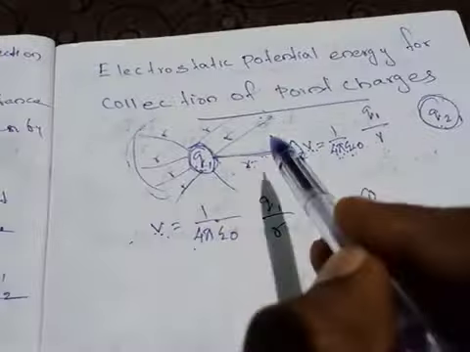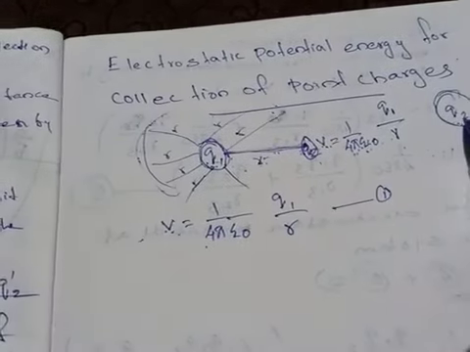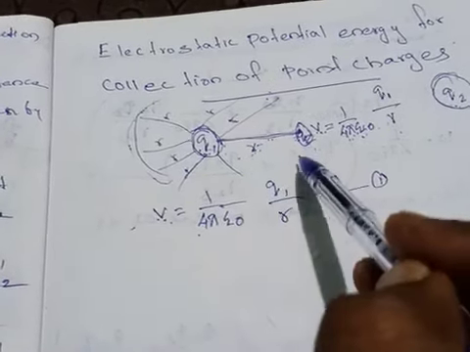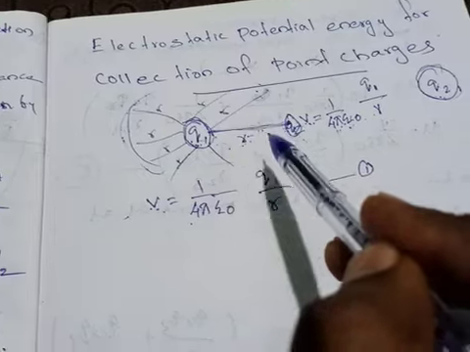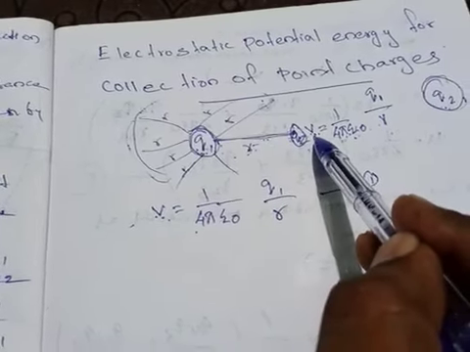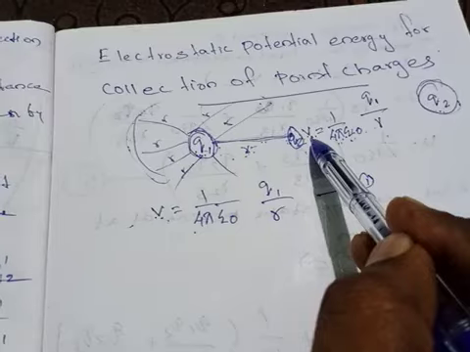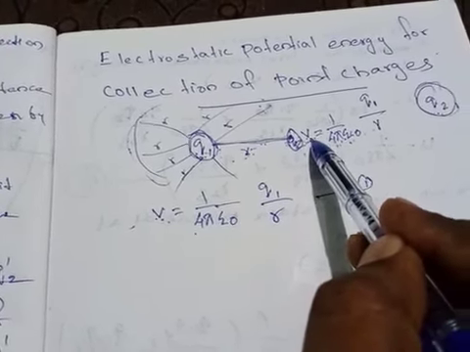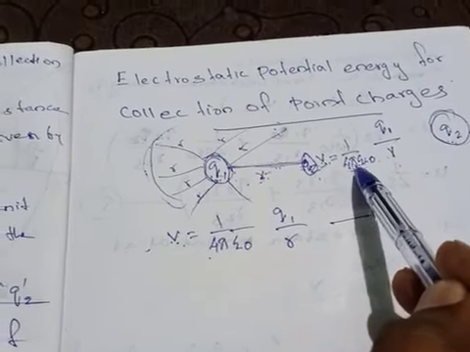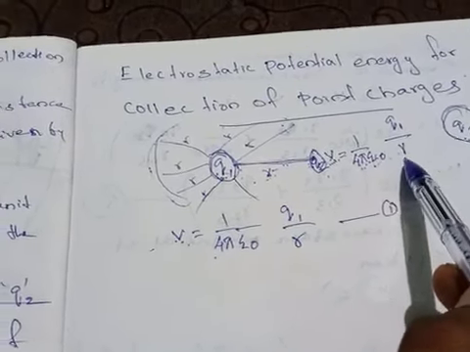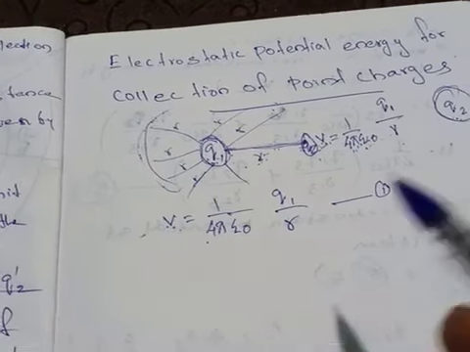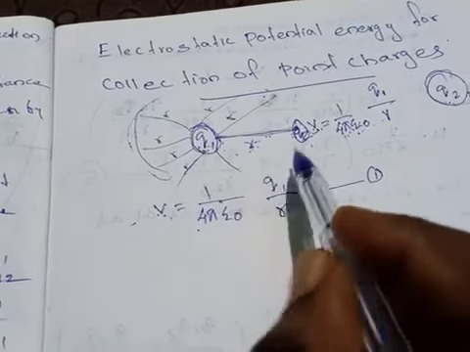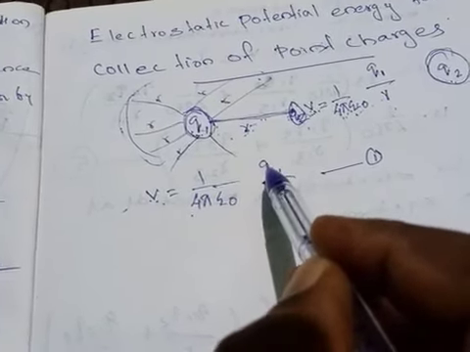So when we bring this unit positive charge Q2 to this point at a distance R, we have done some work. That work done is equal to the electrostatic potential at this point, V is equal to 1 by 4 pi epsilon 0 Q1 by R, so you can write the work done as the product of Q2 and the electric potential at that point.